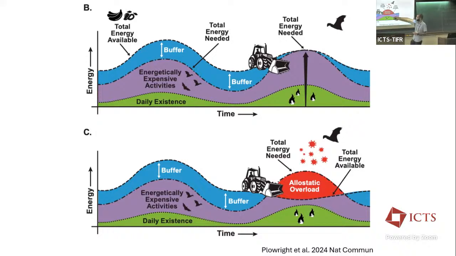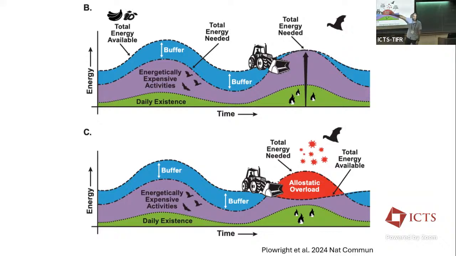If, say for instance, this stressor, this modification has become so pronounced that this blue buffer, these resources available to you in the environment, have just plummeted, you just have nothing there for you. And so these activities that you normally do that are part of your life history still need to happen, but now they're happening in a place where you don't have sufficient energy to do them.